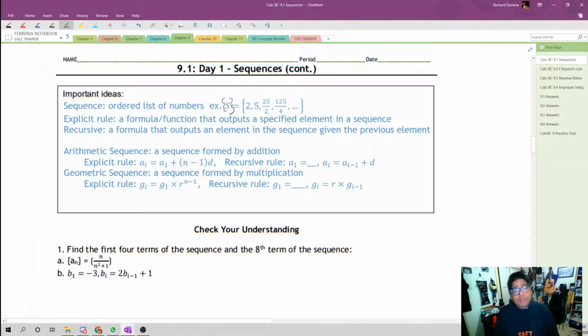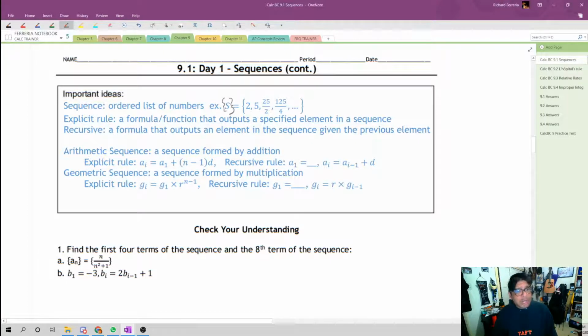So if you want the 39th term of a sequence, you better have the explicit rule, because if you don't, you're going to have to use a recursive rule, which means to find the 39th element, you're going to have to find the 38th, the 37th, the 36th, the 35th. There's no way to fast forward through the sequence.